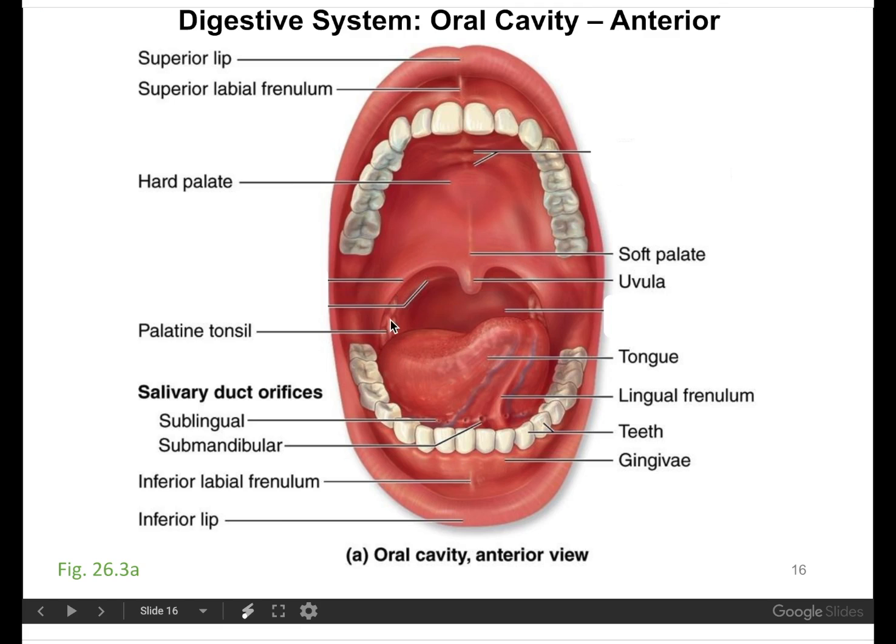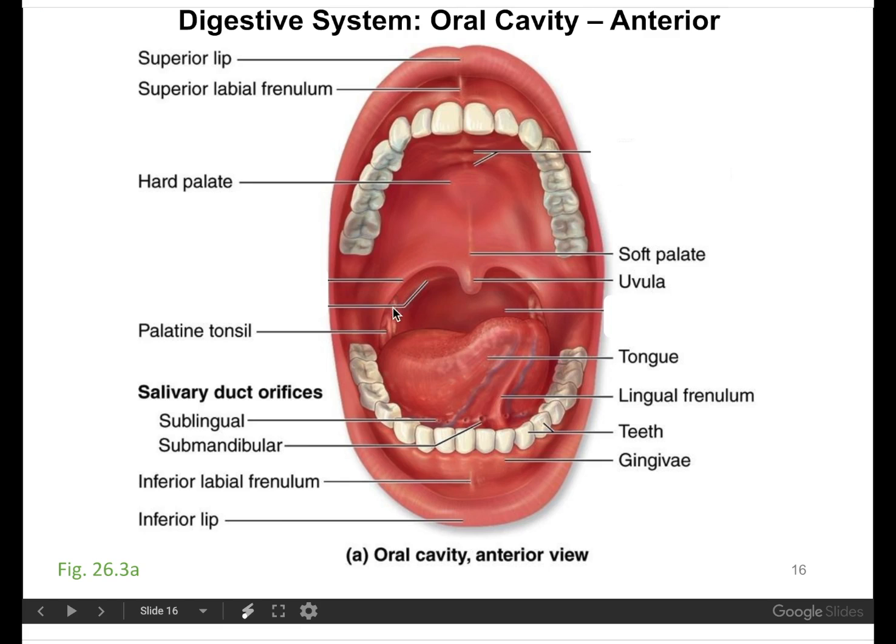So an overreaction to immune response causes these tonsils to keep swelling, and at some point they will grow out so far as to even touch each other, which is called kissing tonsils, and that could cause sleep apnea. And so there's a couple of reasons why we would have these palatine tonsils removed.